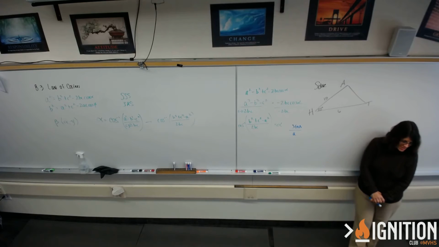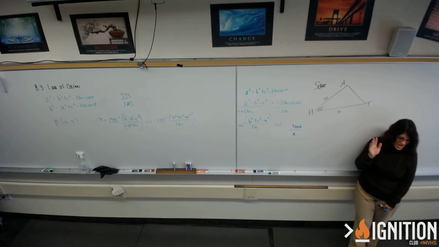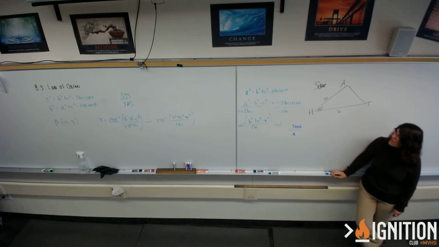Ethan's going to draw in an altitude, and then he's going to do Pythagorean theorem and all kinds of stuff. Let's do law of cosines and see who finishes first. It's a contest. What are you going to find first? Side H. We're finding side H.